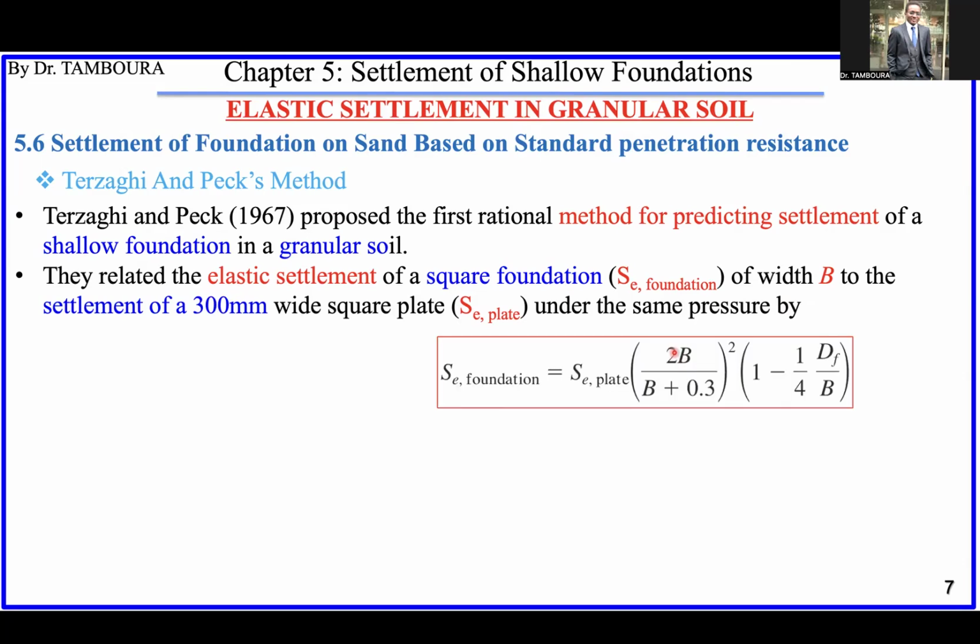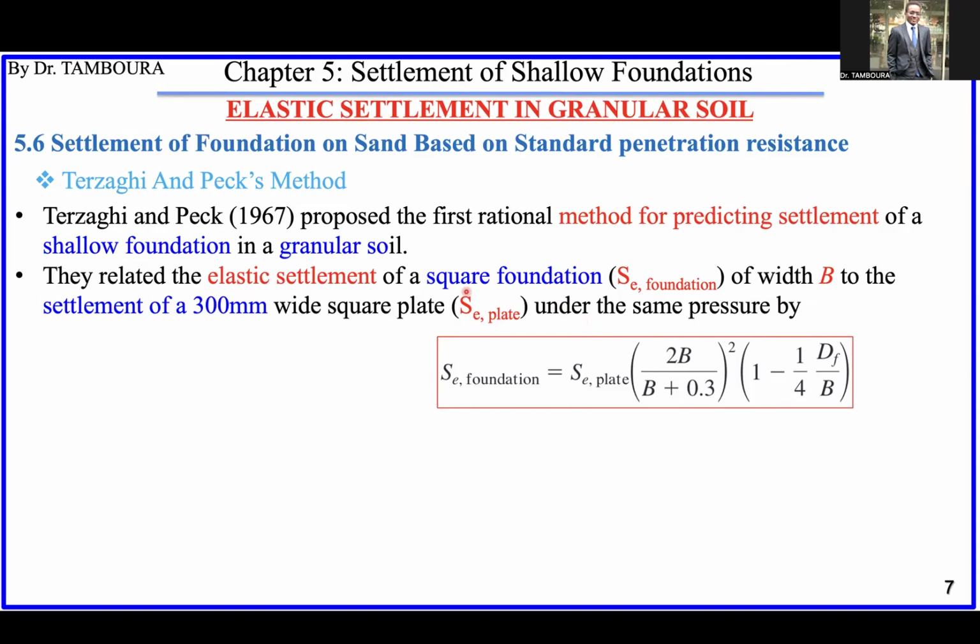So we have the settlement of the foundation, SE, and the settlement of the plate, SE plate. What they found out is that the settlement of the foundation is related to the settlement of the plate by this equation, this relationship.